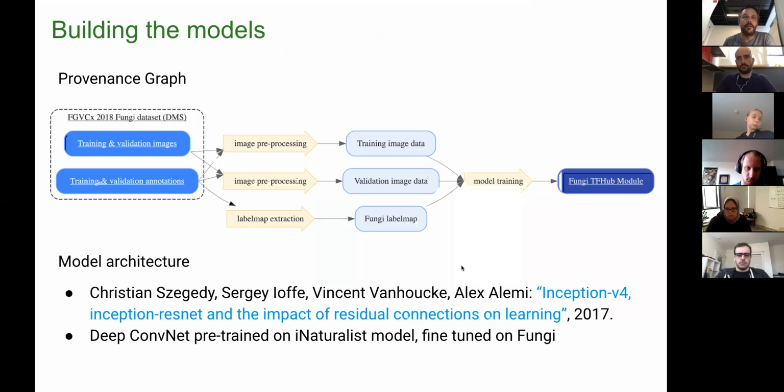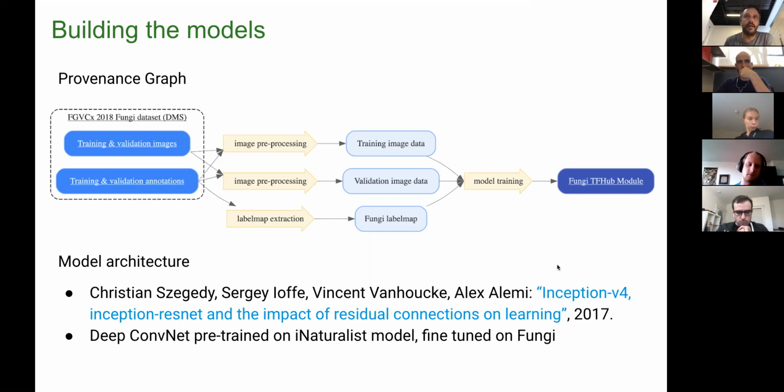So for example, what you would see on a typical page for a publisher would be, we used Inception v4 that was pre-trained on iNaturalist, like a very large general biodiversity data set, with the specific training and validation images provided by this particular competition data set and so on. So you get to see everything that went into it. And that's all available to you through that DOI.